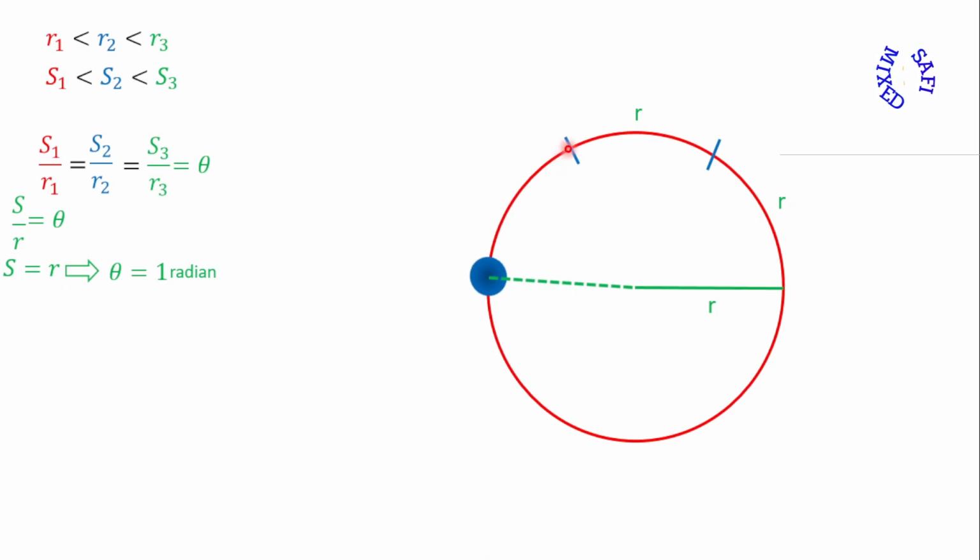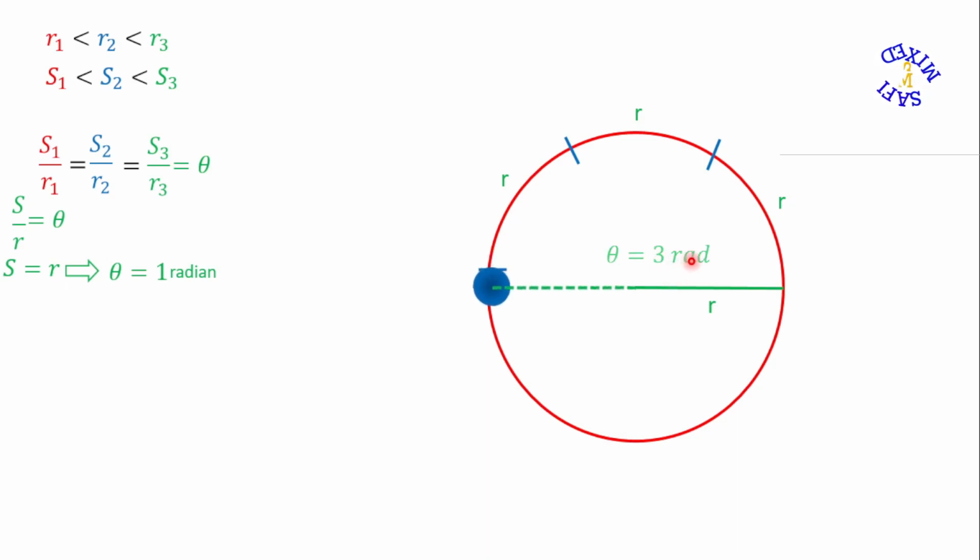This arc length is again equal to 1 radius. Note that this orientation of the ball is not exactly opposite to this position. Rather, there is a little angle between the two positions. And now this whole angle from this position to the initial position is obviously equal to 3 radian.